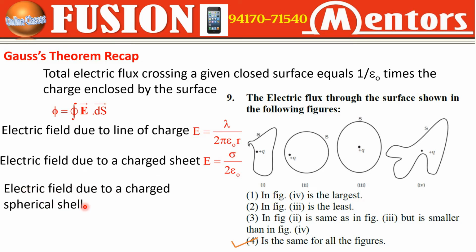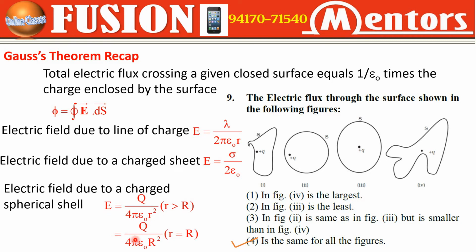And for electric field due to a spherical shell, we had gone through 3 cases. One was if the given observation point is outside the charged sphere, then it behaved like a point charge lying at the center of the sphere. So the formula was Q by 4 pi epsilon naught r square.